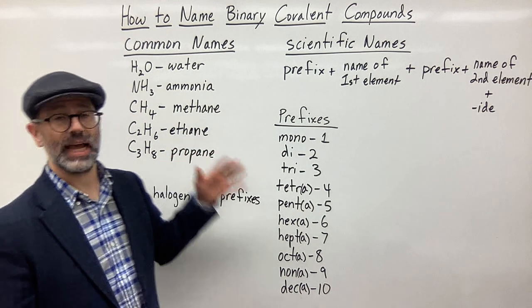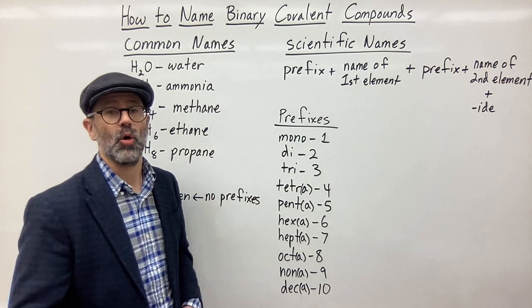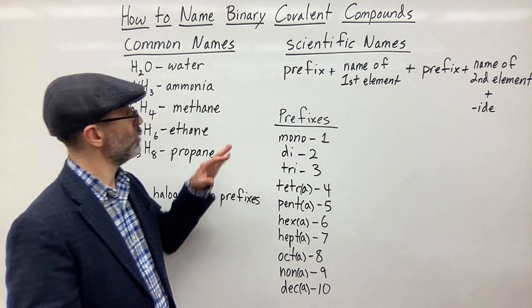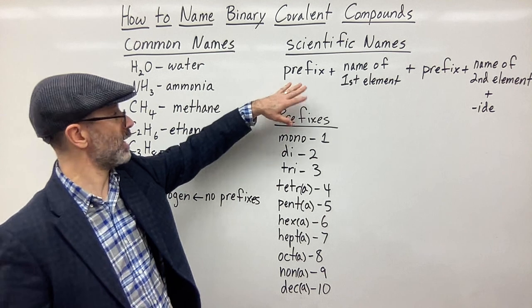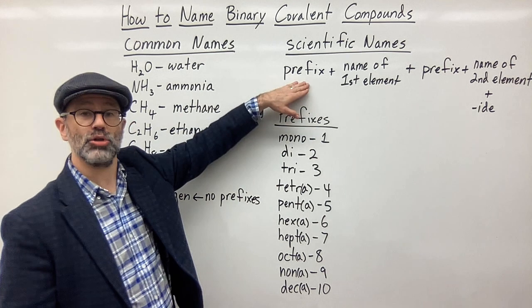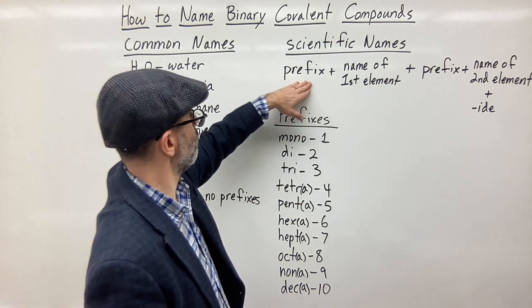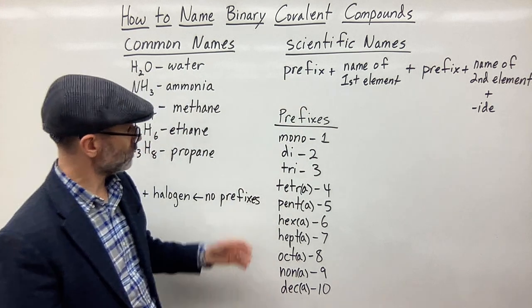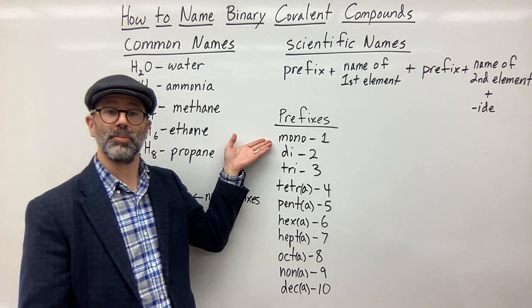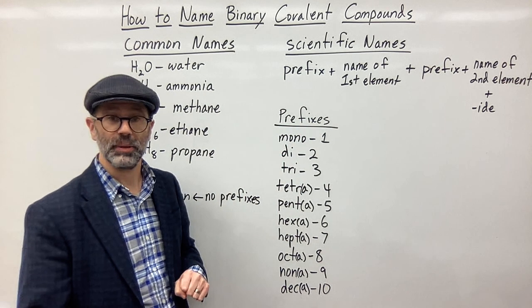When you're using the scientific way of naming, the way you name the binary covalent compound is with the use of prefixes. So you're going to put a prefix at the beginning of the name of each element.